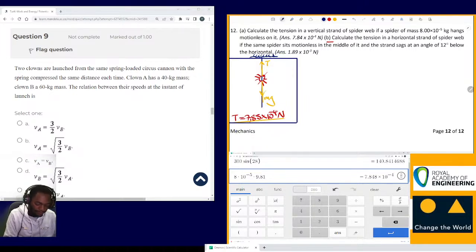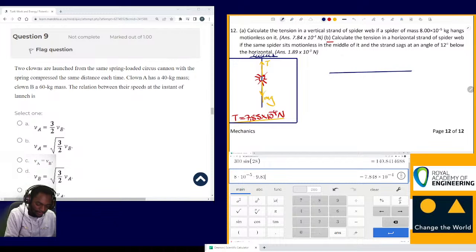So initially we had a web like this, right? And the spider sits on it, and we're told that it's going to sag 12 degrees to the horizontal.